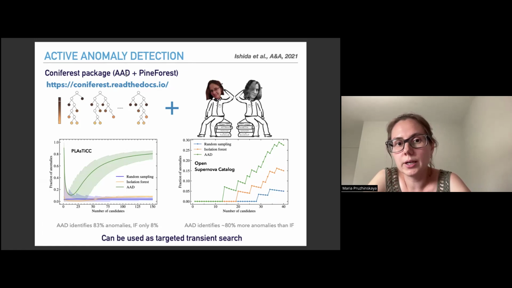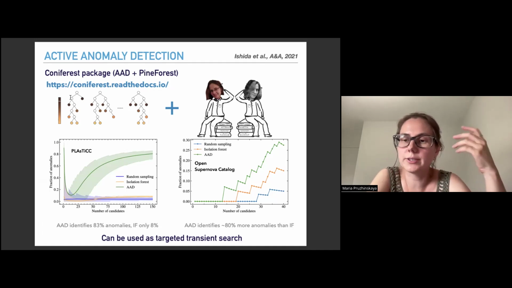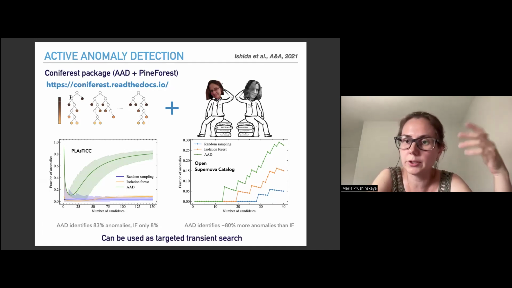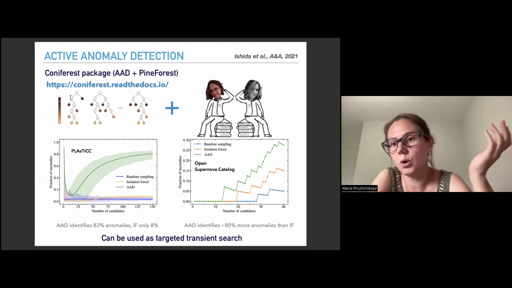Both active anomaly discovery and pine forest start with a simple isolation forest. In each node, we take some feature, could be an amplitude, and some separation for this feature. Then all the objects that have a value greater than something go one side, lower than something go another side.